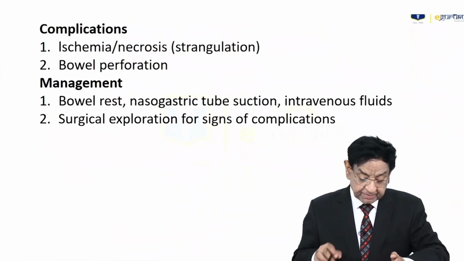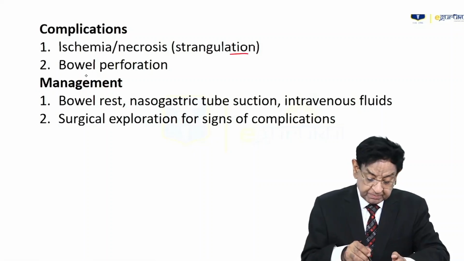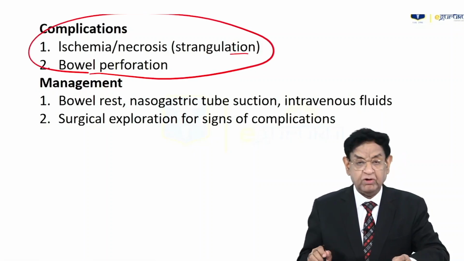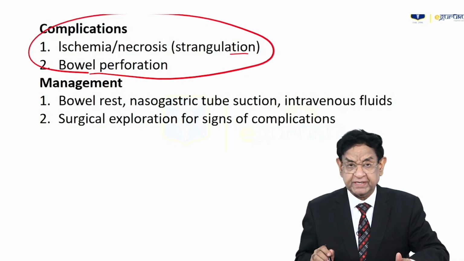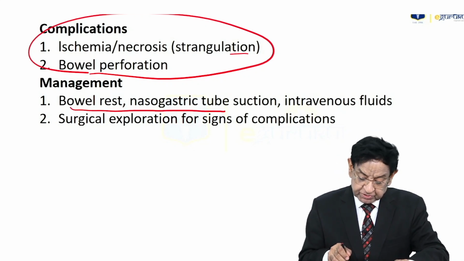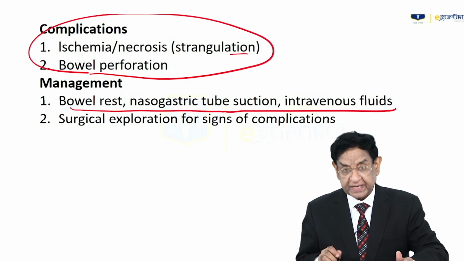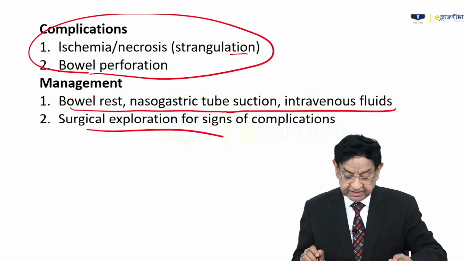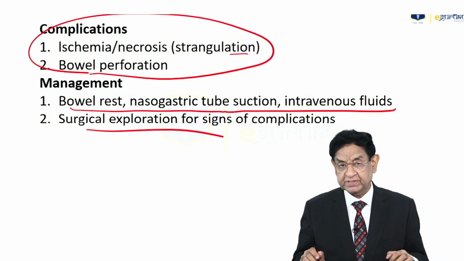Complications, ischemia, necrosis, strangulation, bowel perforation, are all surgical emergencies and should be taken on priority basis. Management: bowel rest, nasogastric suction, intravenous fluid initially. Later on, surgical exploration if signs of complications are there.